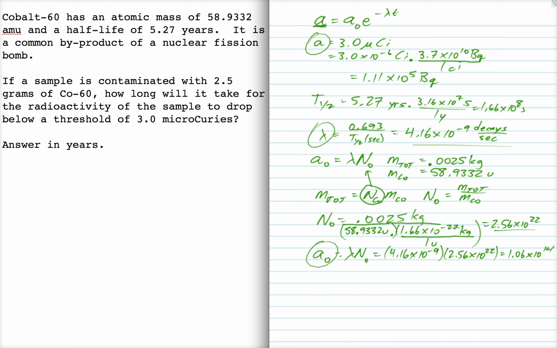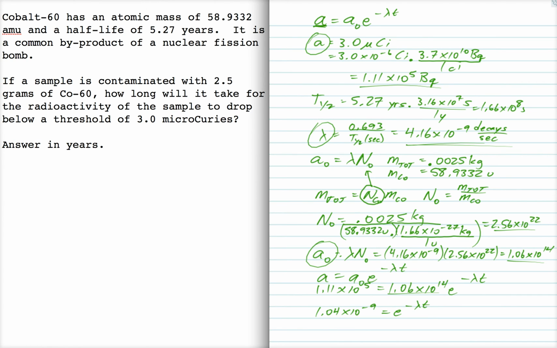Okay, so my equation, A equals A naught e to the minus lambda t, is 1.11 times 10 to the 5th, from right here, equals 1.06 times 10 to the 14th, times e to the minus lambda t, where lambda is up here. Alright, so if I divide both sides by this, I get 1.04 times 10 to the minus 9 is equal to e to the minus lambda t.